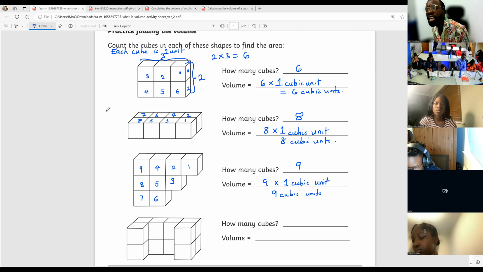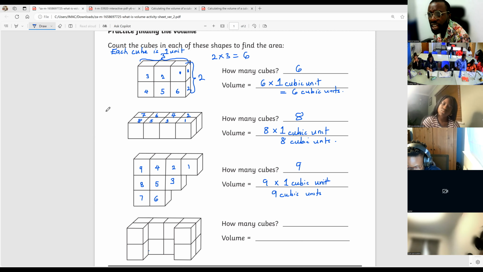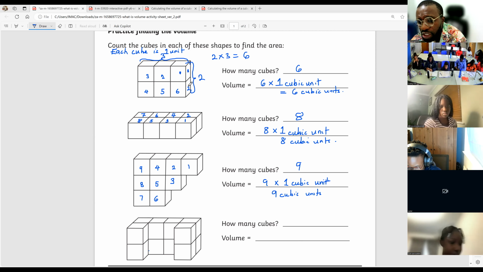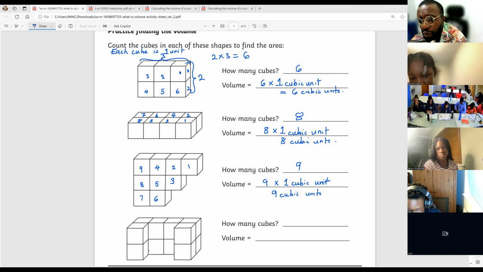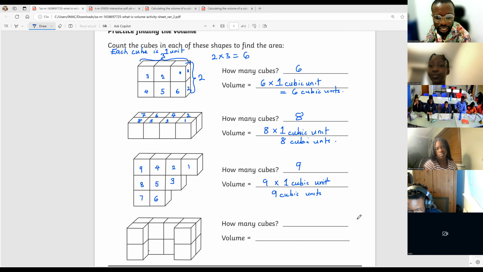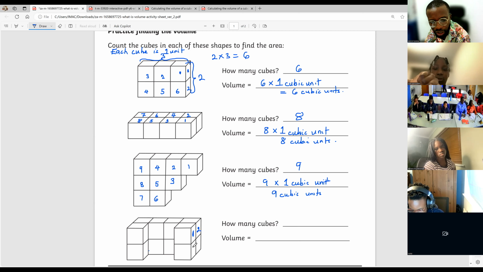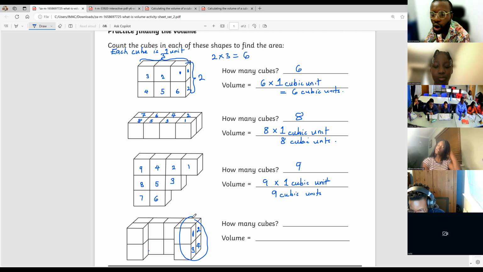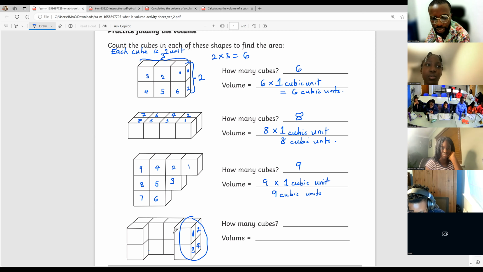Okay, let us see if there are 12 cubes here, everyone. Let us count. Now, this is 1, 2. We've counted all of these. So let's go.